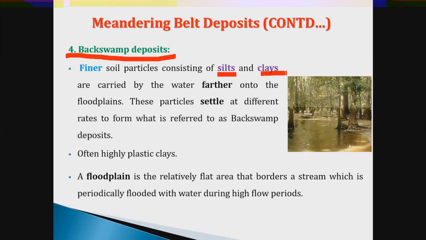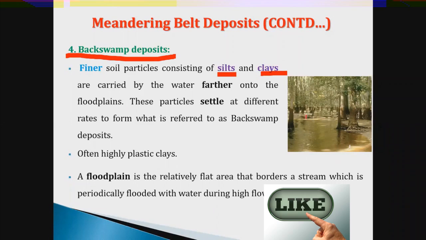These clay and silty sized particles are deposited in the form of soft and very plastic particles, known as backswamp deposits. In the backswamp deposits, there will be an abundance of highly plastic clays.